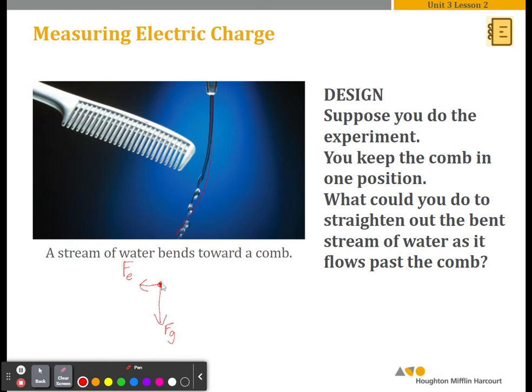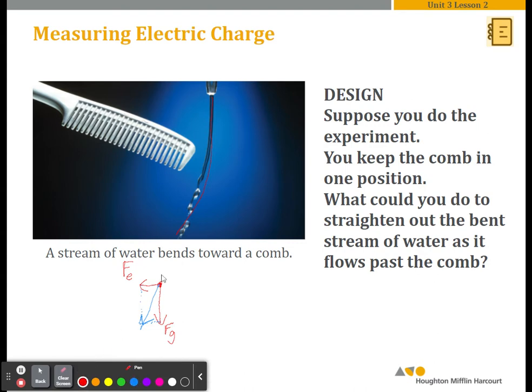So the water, as it moves past the comb, is actually being accelerated not straight down, not straight to the side. It's being accelerated. Remember, we have to add these vectors together. We need to find the resultant vector. So if we use the parallelogram method to find the resultant vector, we find that the water is being accelerated in this sort of diagonal direction.